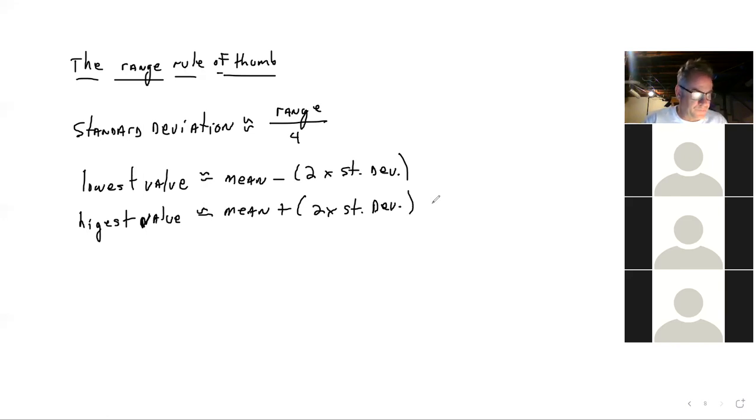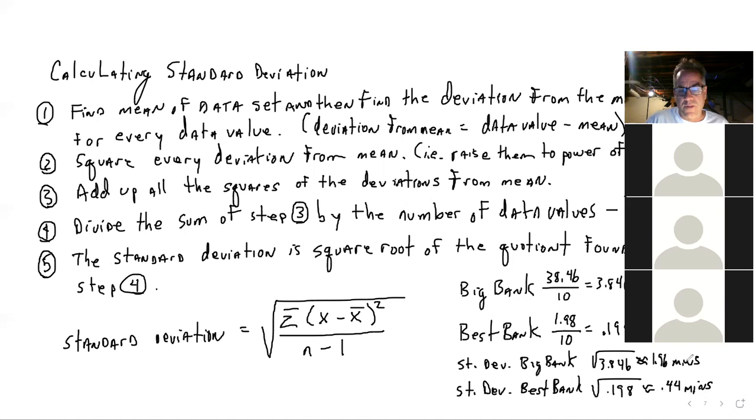And then looking back at Big Bank, the standard deviation was 1.96. Well, Big Bank had a range of 6.9, and 6.9 divided by 4 is about 1.7.